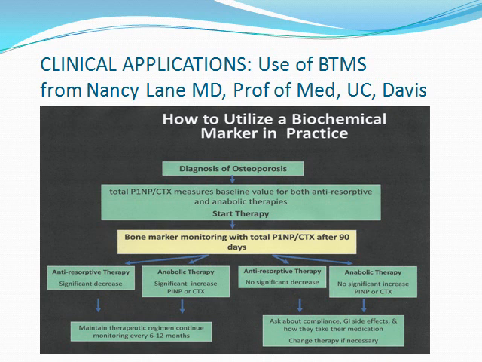Then you start treatment, and after 90 days, you monitor the markers with P1NP and CTX, and depending upon how they respond, you either maintain the therapeutic regimen or you have to change something. So, this is her approach, and I believe that most of the experts that use routinely bone markers in their practice follow something like this.